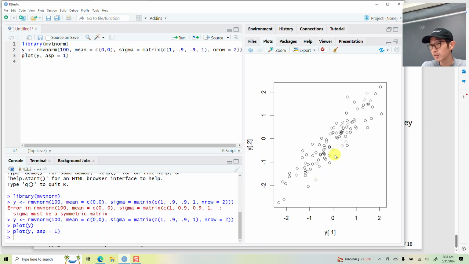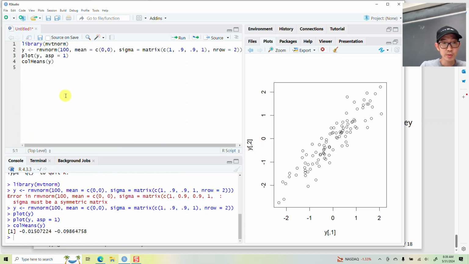Okay, so here is a current plot of y. Let me find the column means of y, something close to 1, and let me just center my y. So I'm going to call it y centered.